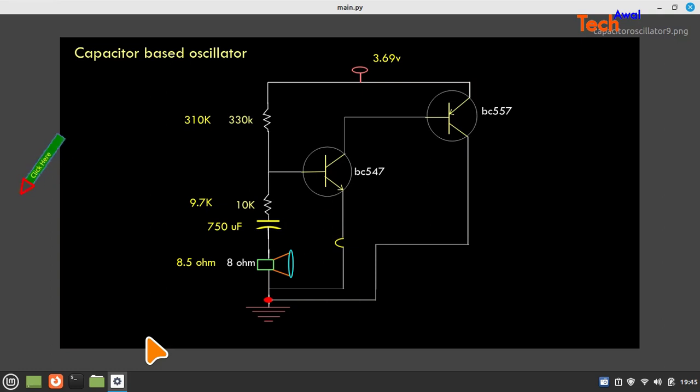Now we will measure the voltage and current across the capacitor, voltage and current across the speaker, and then the emitter current, collector current, base current and base voltage. Then we can interpolate the others that can also be calculated.